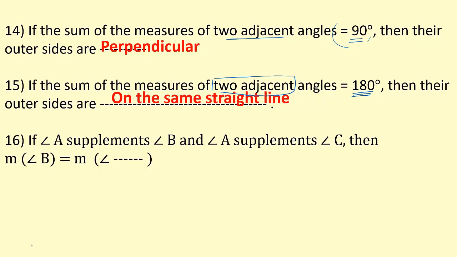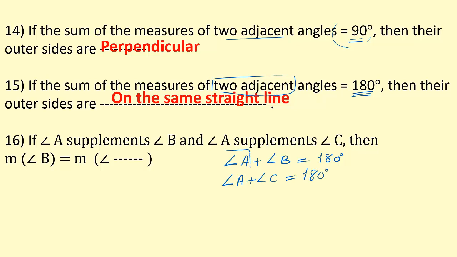Number 16. If angle A supplements angle B, so I know that angle A plus angle B is equal to 180 degrees. And angle A supplements angle C. So again, angle A plus angle C gives me also 180 degrees.